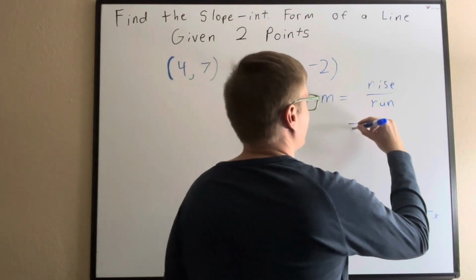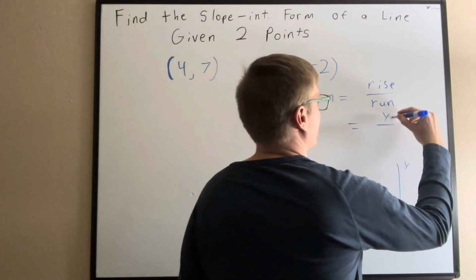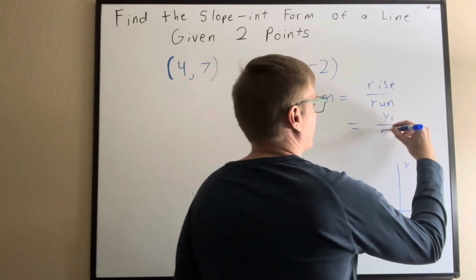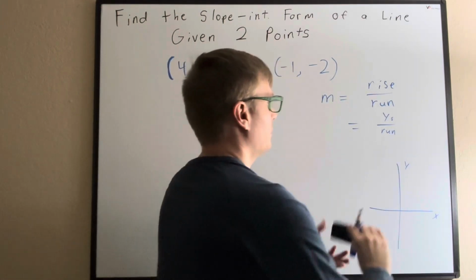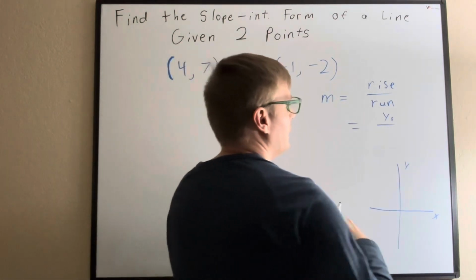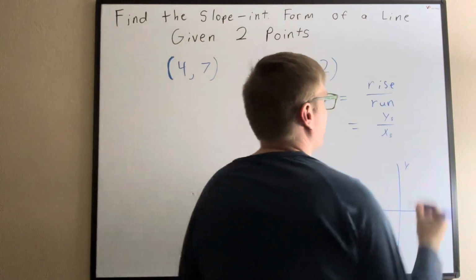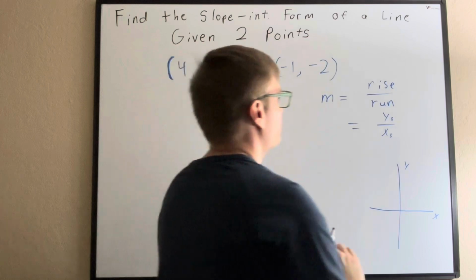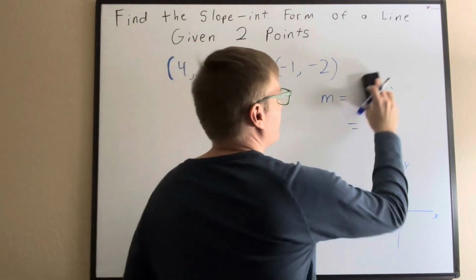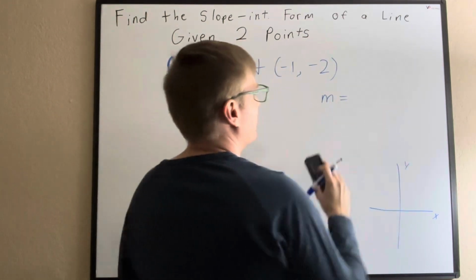So you could also say it's the y's over run. And the run is the x's, so it's the y's over the x's. Okay, that's how I remember it. And if it's the y's over the x's, what do we do with them?